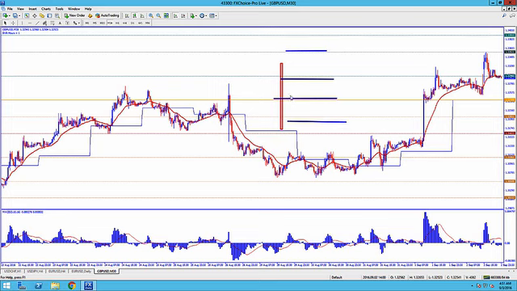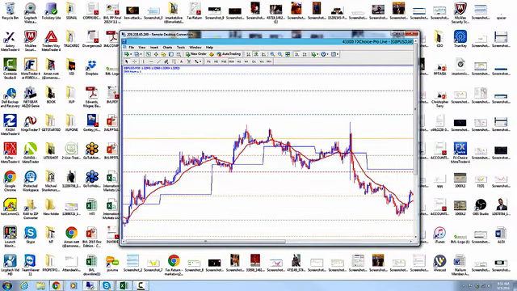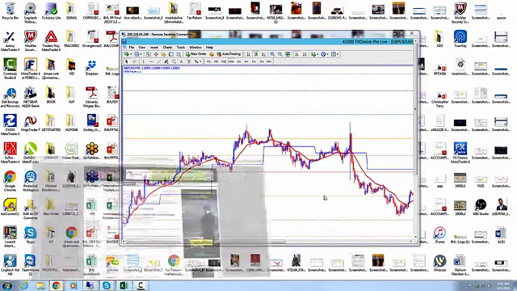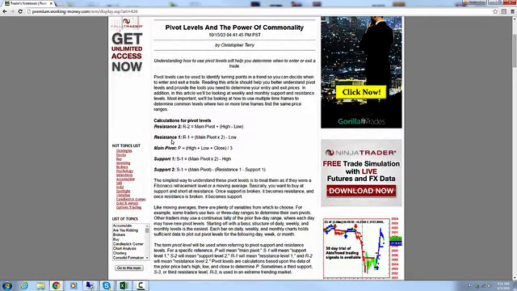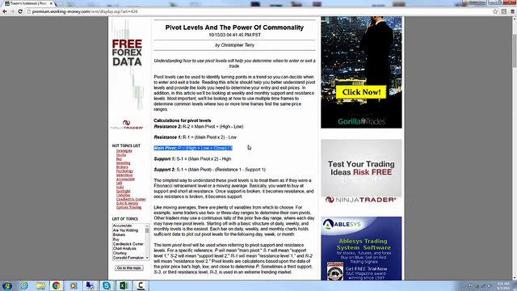So the market the next day would adhere to these levels. Again, not to get too deep into it, if you want, you can research the article I've done, where the main pivot is high, low, and close divided by 3 from the prior day.